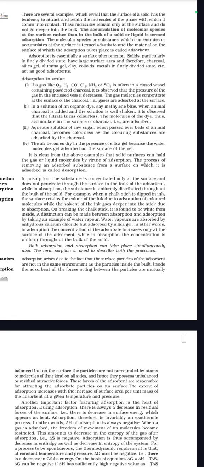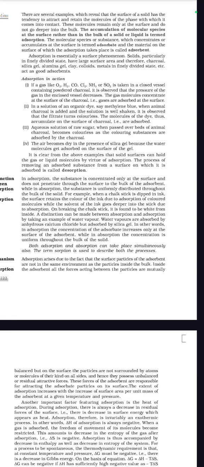For example, when a chalk stick is dipped in ink, the molecules at the surface retain the color of the ink due to adsorption of colored molecules, while the solvent of the ink goes deeper into the stick due to absorption. On breaking the chalk stick, it is found to be white from inside.